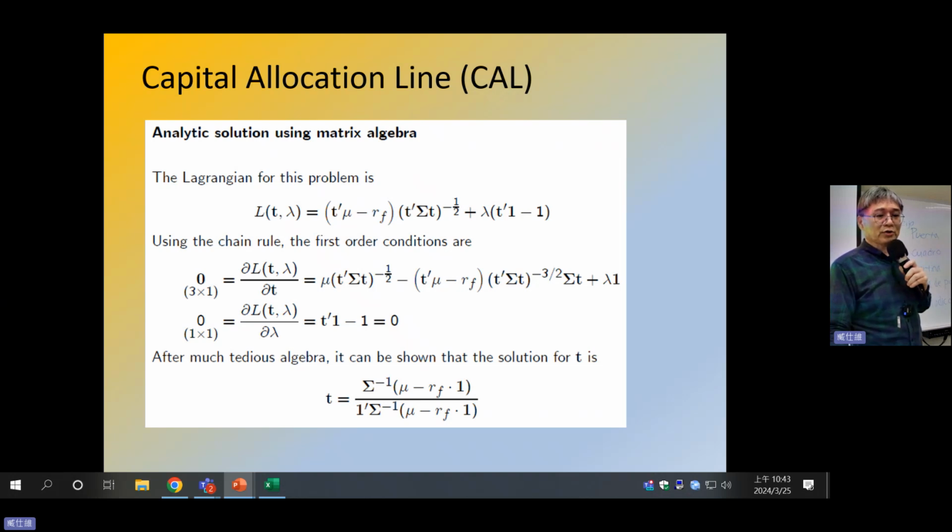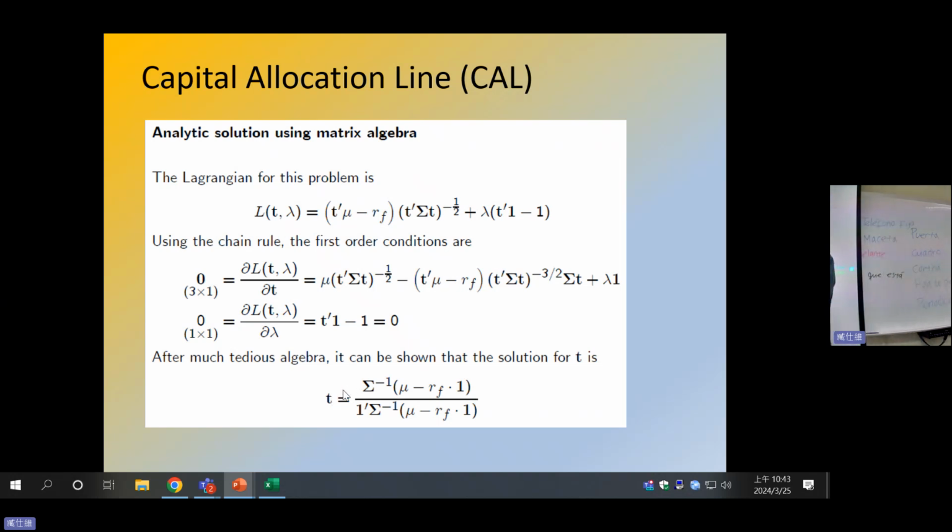This is the Sharpe ratio here, and this is the constraint. And we can also take the first-order derivatives with respect to T and lambda, and finally we can derive the result.